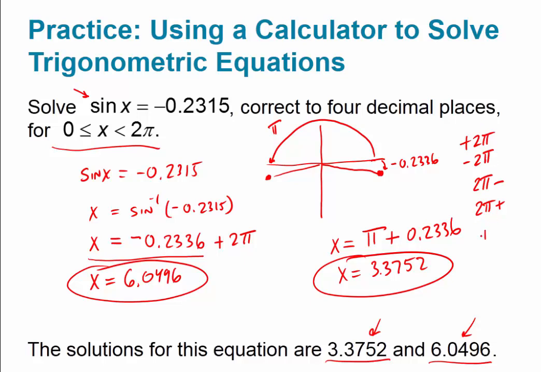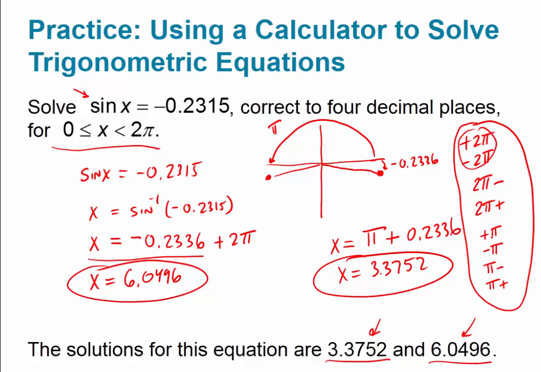We're either going to add pi to one of our answers, subtract pi from one of our answers, or take pi minus one of our answers, or take pi and add one of our answers. Every one of the scenarios is going to end up being one of these things. So really it involves adding or subtracting 2 pi or pi, or starting with 2 pi or starting with pi and adding and subtracting our angles.